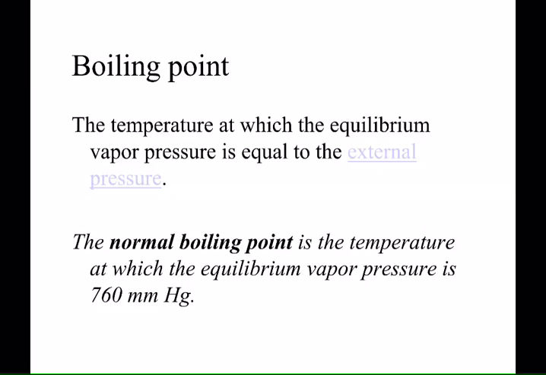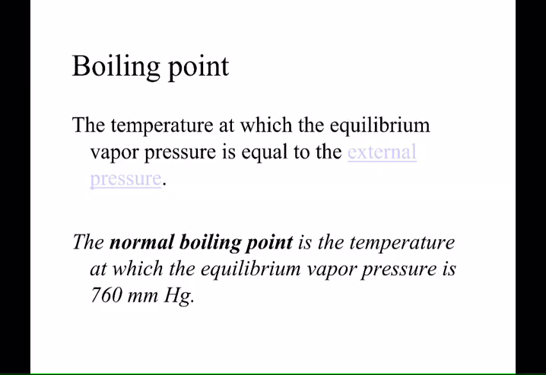So if this is my pressure gauge, when that reaches 760 millimeters of mercury, because that's about what the atmosphere is, when this equilibrium vapor pressure equals 760, then it's going to boil. That's it. Okay.